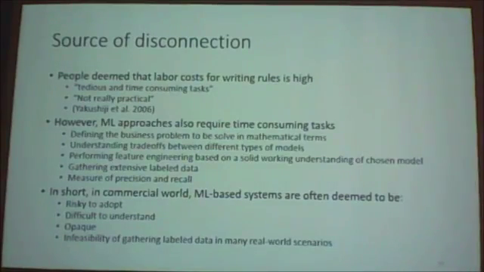So in short, in commercial work, machine learning-based systems are often deemed too risky to adopt, difficult to understand, and opaque. And one of the extra reasons is the invisibility of labeled data in real-world scenarios.